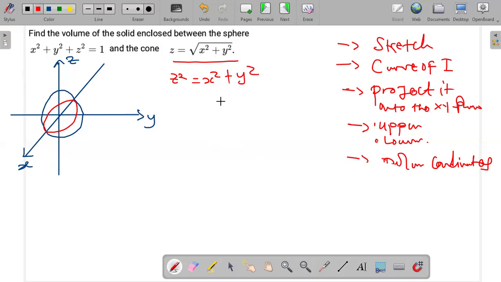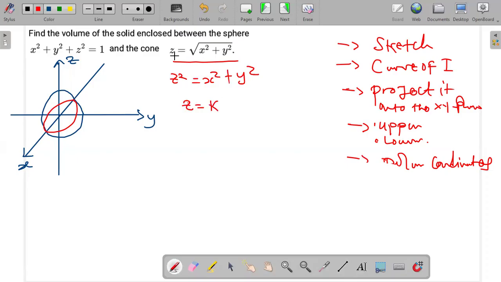So in the XY plane, I'm going to say, let this Z squared be equal to a certain value K. Or you can actually just say the same Z. Let's say Z is equal to some value K.